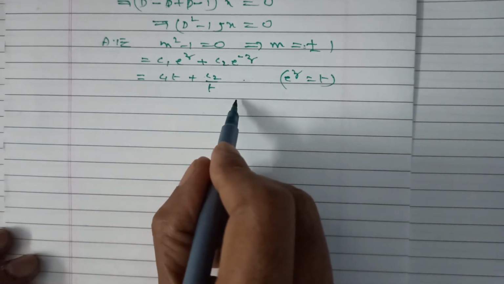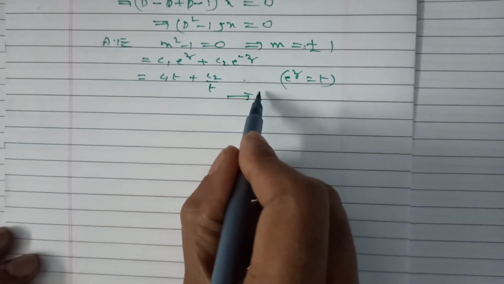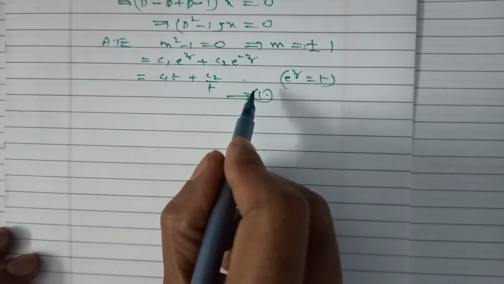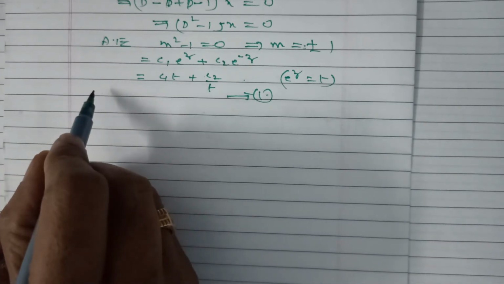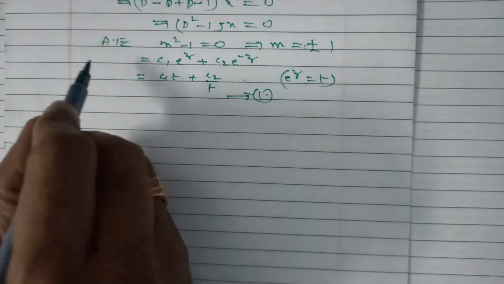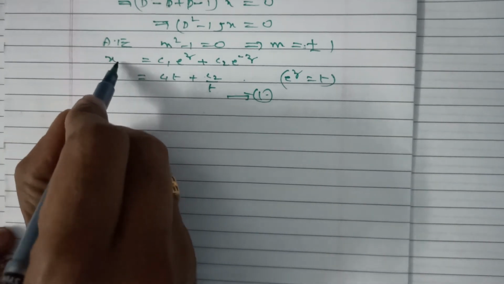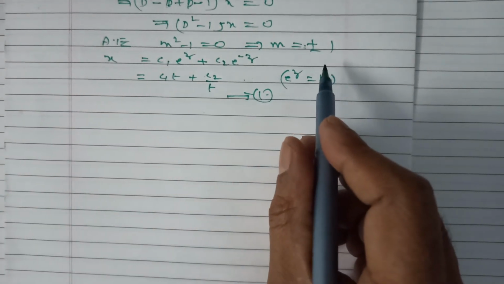This is the fourth equation, itself the solution for x, because the m values are plus or minus 1.